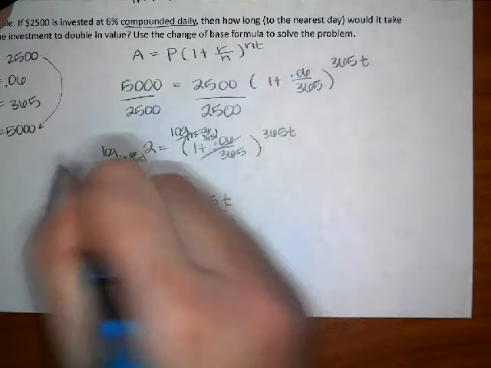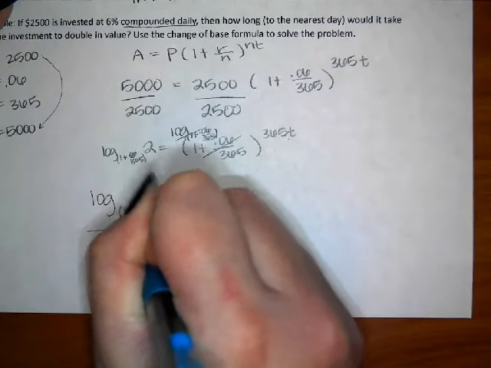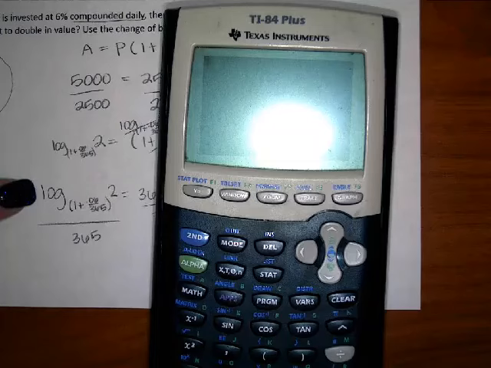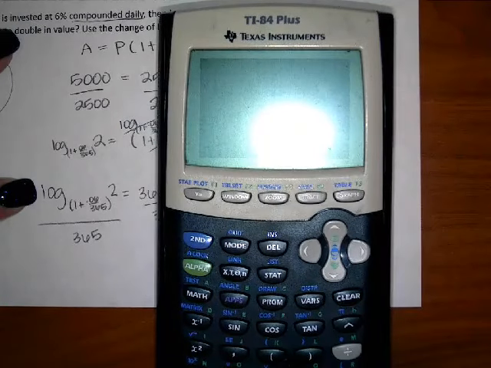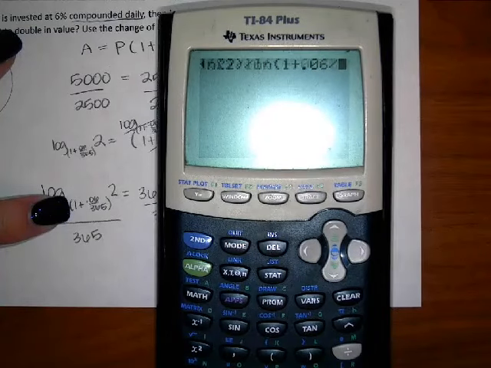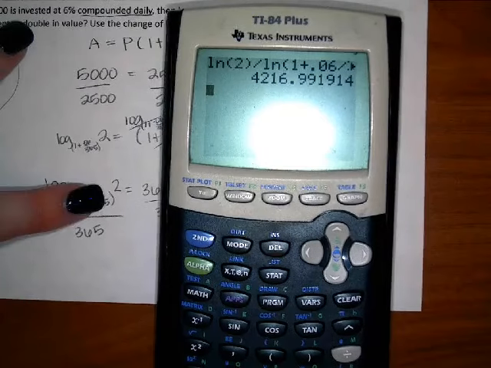Okay, so to type this in my calculator, I'm going to do the change of base. So I'm going to do ln of 2 divided by ln of this, 1 plus 0.06 divided by 365. So that's this. And I can show you again, I can actually type it in as a log.